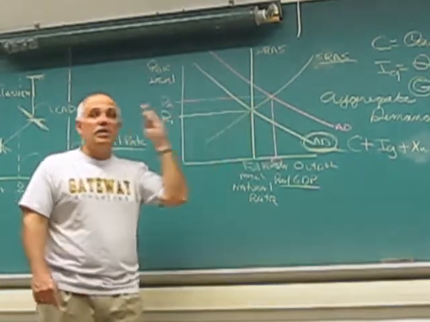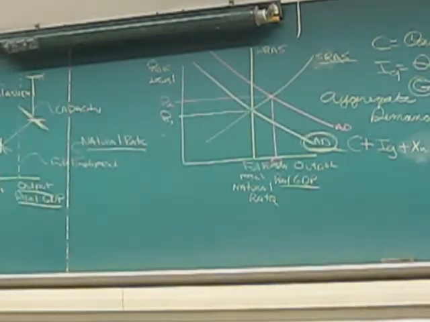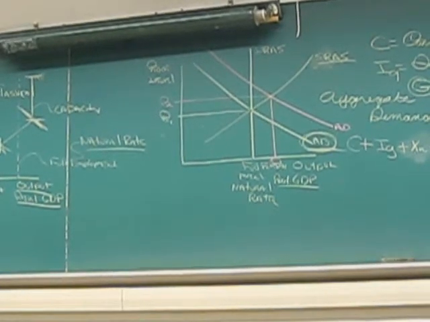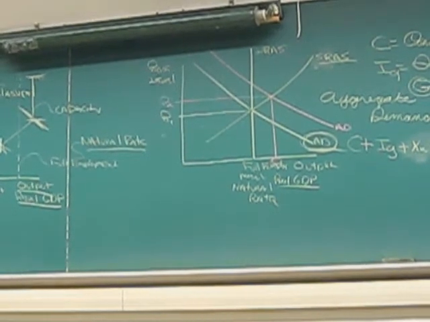Output is expanding beyond the natural rate. This is possible. But in the long run, what's going to change? In the long run, Cameron, nominal wages are going to increase, right? Because in the short run, they're fixed. That's why the output expands. But in the long run, they're going to increase.